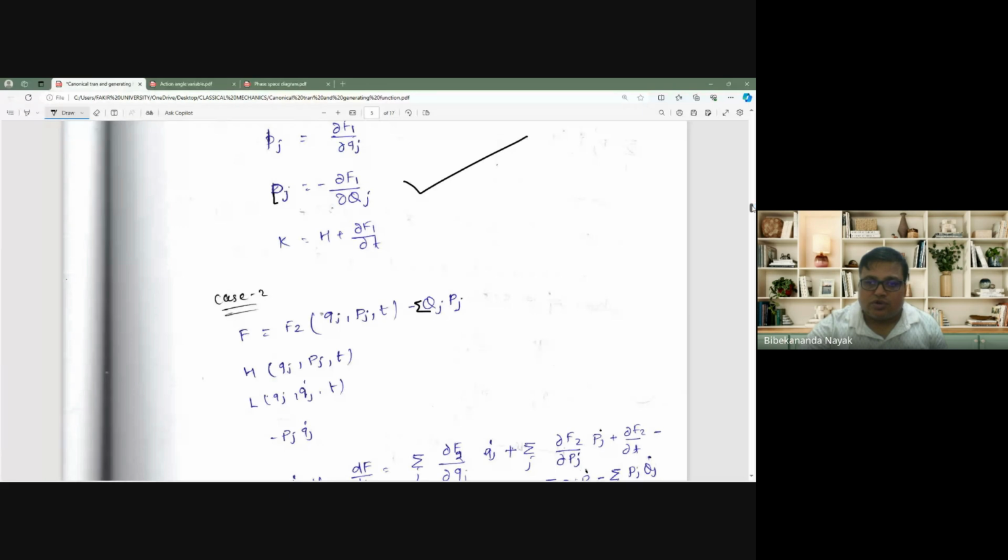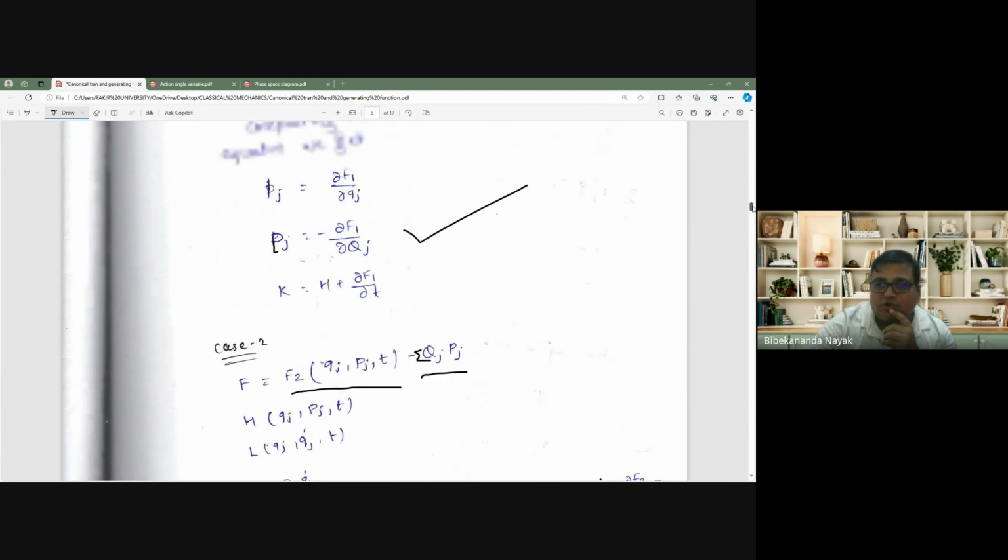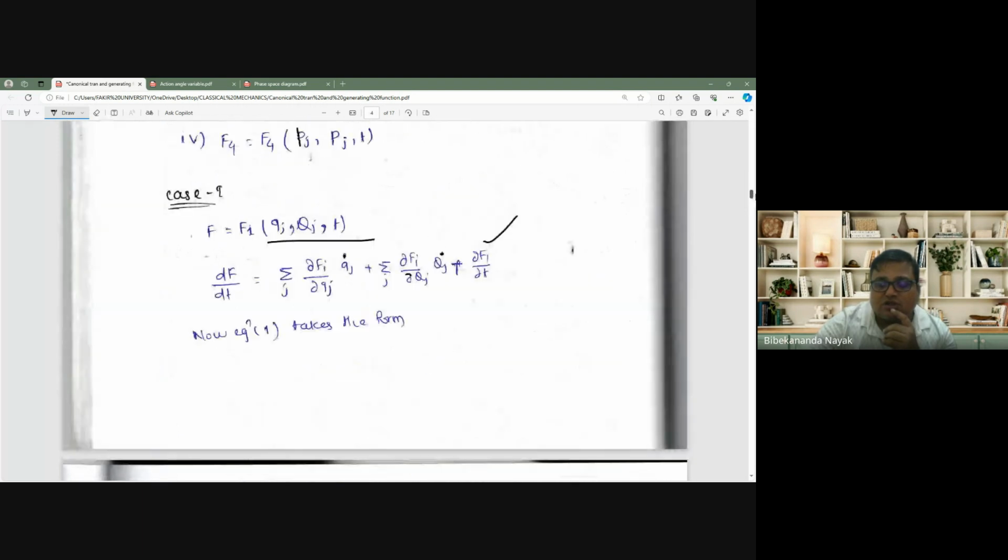Then we go for case 2. Case 2 is a function of small qj and capital Pj. When we derive this, we take F as F2, the second kind of generating function, minus the sum over j of capital Qj capital Pj. In our previous case, F1 was a function of both small qj and capital Qj.